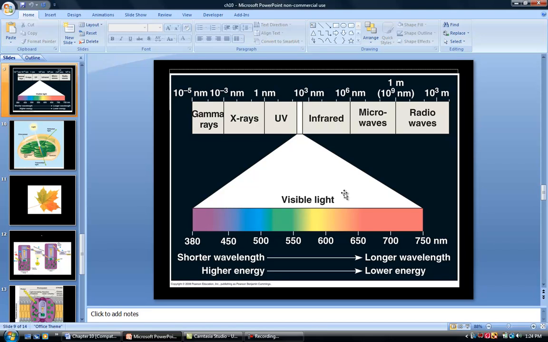Okay, so right here in this little thing, this is showing you different types of waves that can hit the Earth or hit us. And this little section right here is going to be what we call visible light. And obviously there's UV and all sorts of different types of light. So when we talk about visible light, what we're saying is that the shorter the wavelength, the higher the energy is.